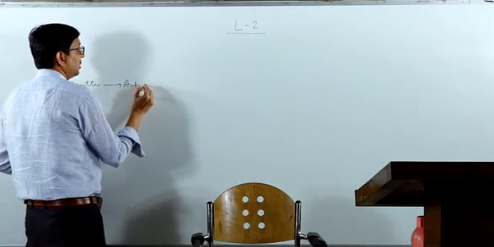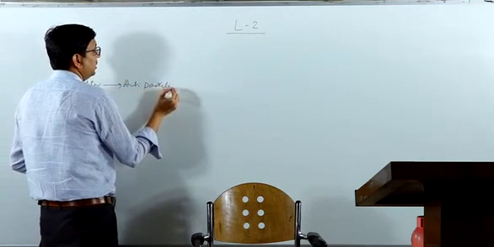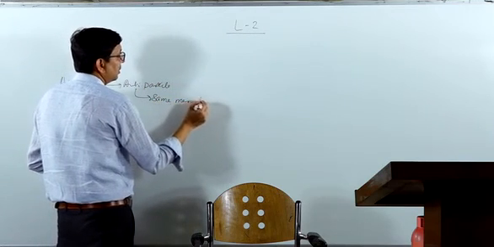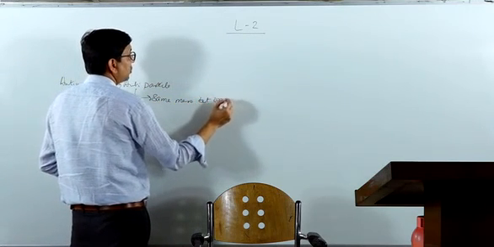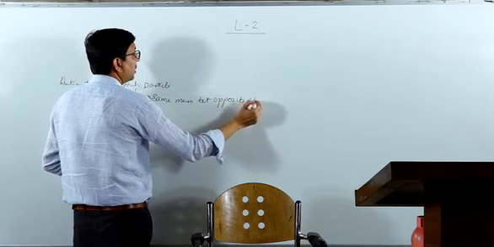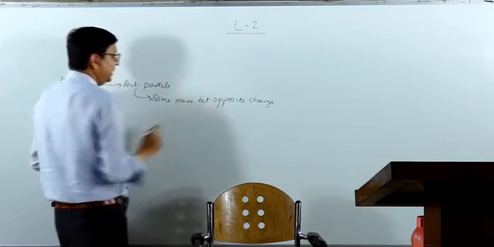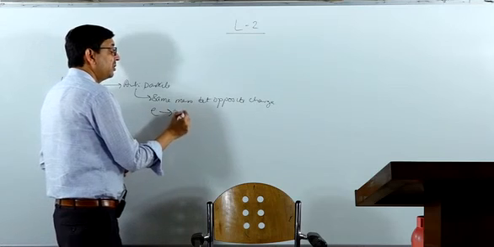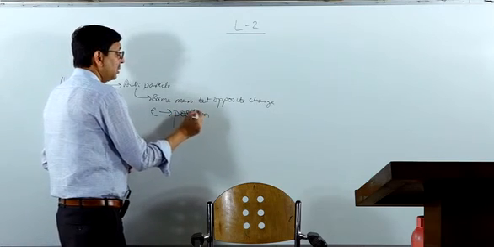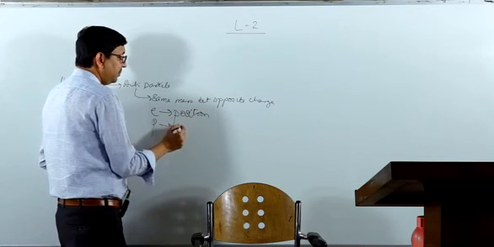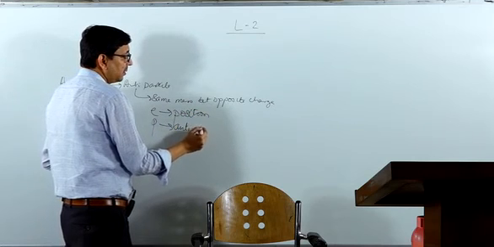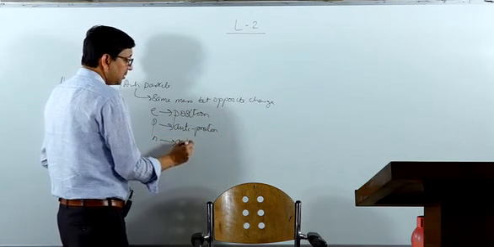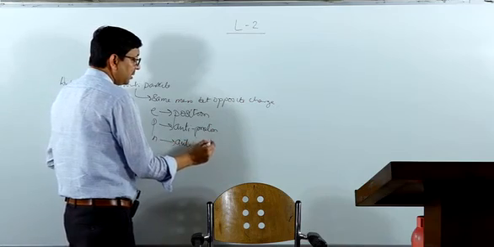Going by this logic, for the electron, the antiparticle is the positron. For the proton, it is the antiproton. And for the neutron, it is the anti-neutron.